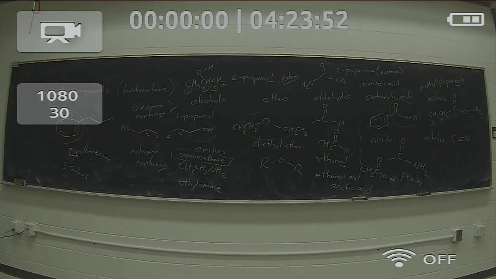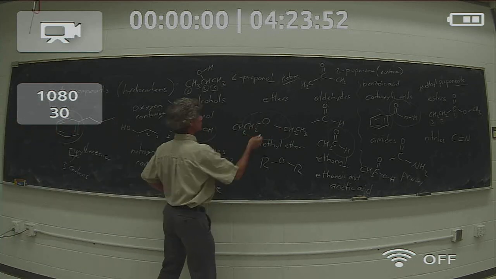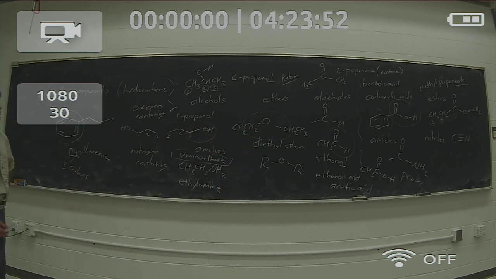So alcohols and ethers involve all single bonds. They're saturated compounds with either an OH group or an oxygen between 2 carbons. Aldehydes and ketones have a carbon-oxygen double bond, either at the end attached to a hydrogen in the case of an aldehyde, or in the middle as a ketone.